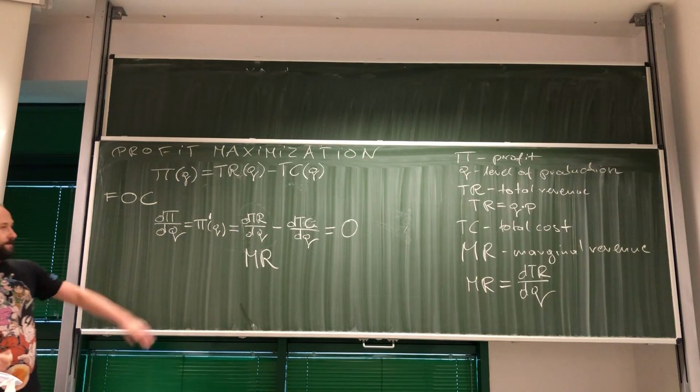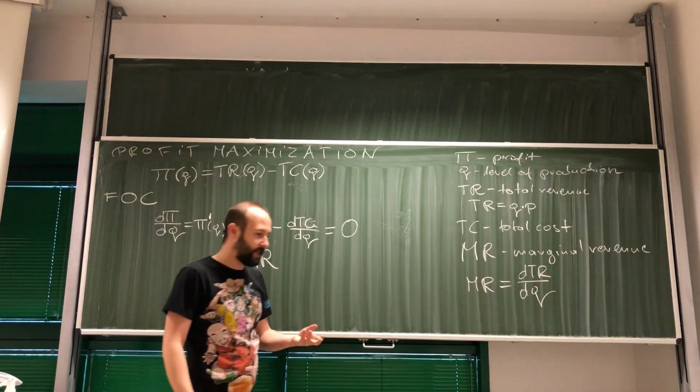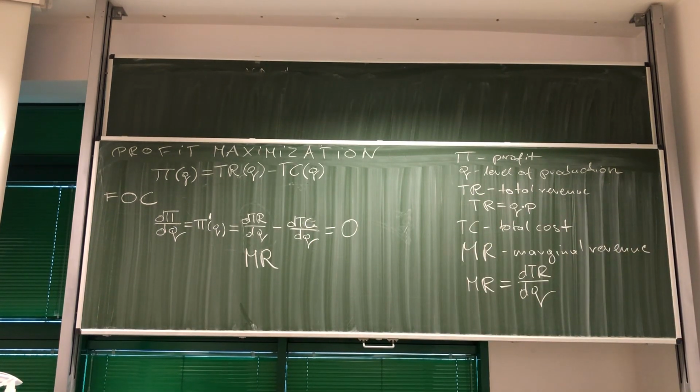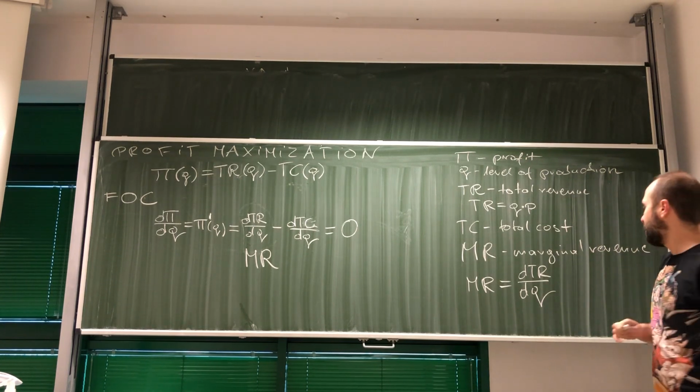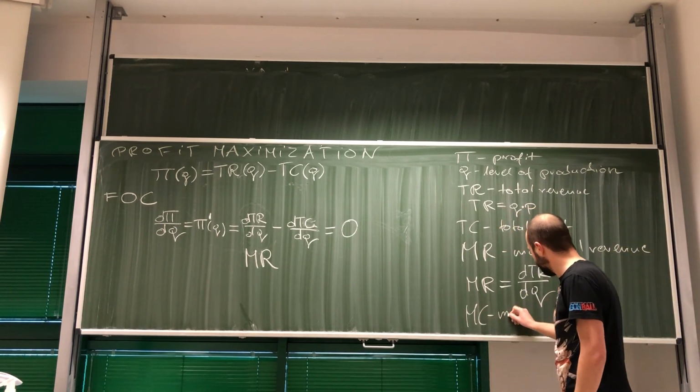And look, over here we have an expression that is telling us by how much total cost is going to increase if the level of production of our company is increasing by some small amount. Again, you might hear a similar expression during your microeconomics class, because this is marginal cost.